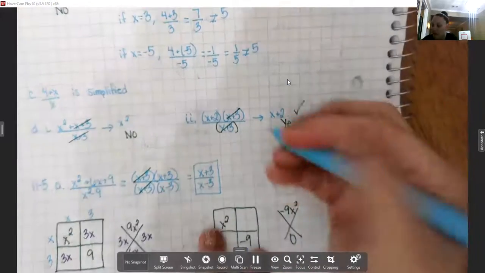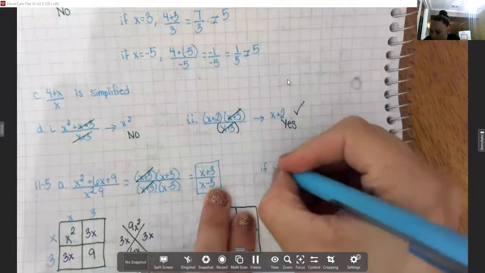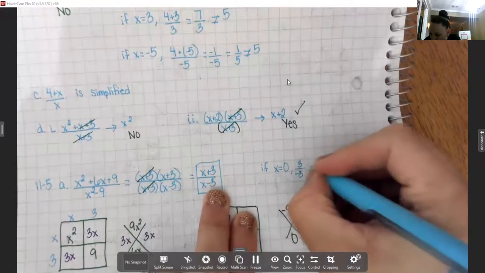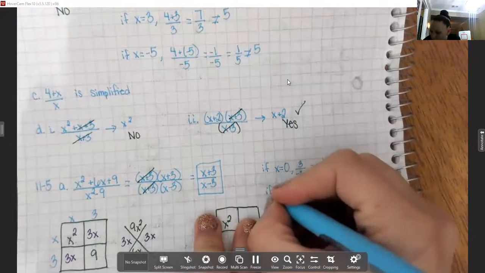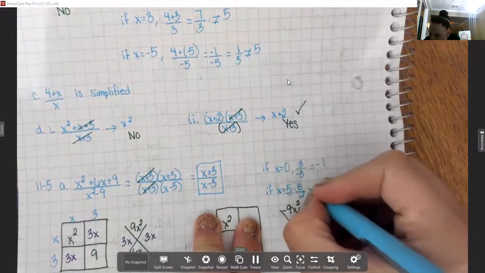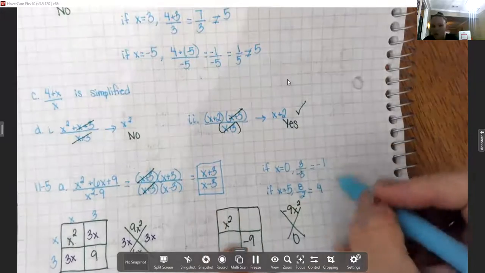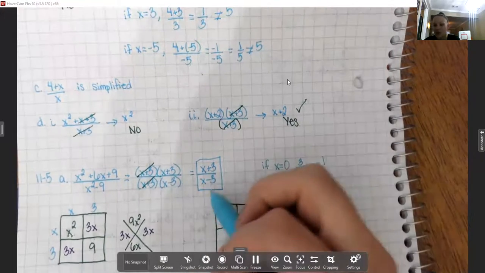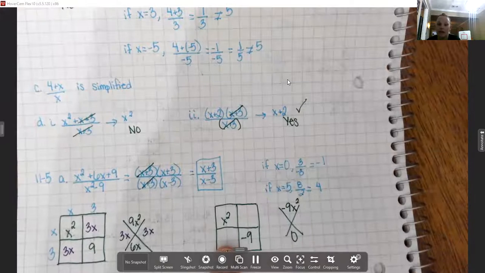But like I said, if x equals 0, then I get 3 over -3 or -1. If x equals 5, I get 8 over 2, which is equal to 4. So you can already see those aren't the same thing just by plugging in two numbers, which tells you this cannot be simplified.